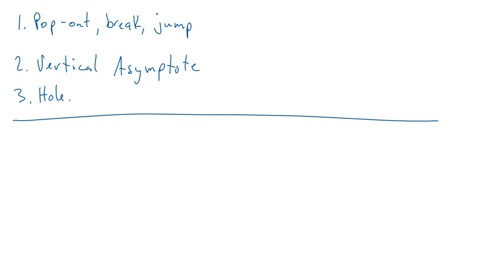Okay, let's look at breaks. A break will probably be a piecewise function. Okay, so it might be something like this. Let's see. This is an easy one. 2 when x is less than 5, and negative 2 when x is greater than or equal to 5.